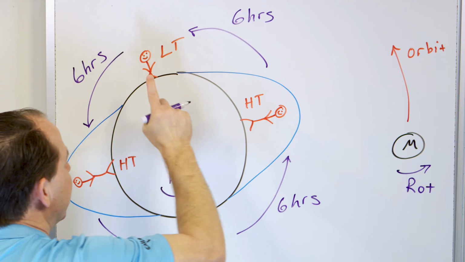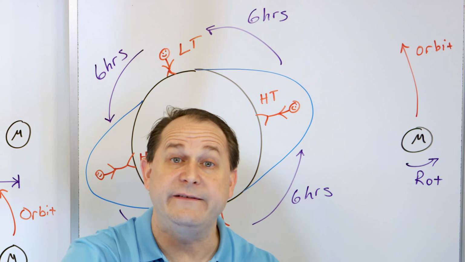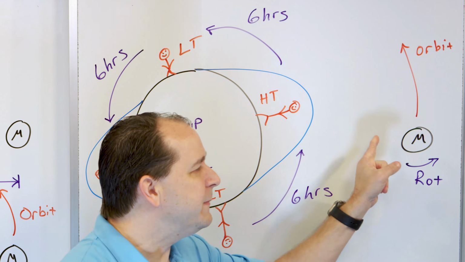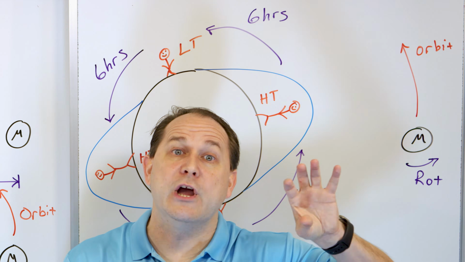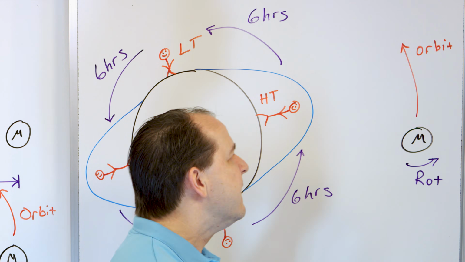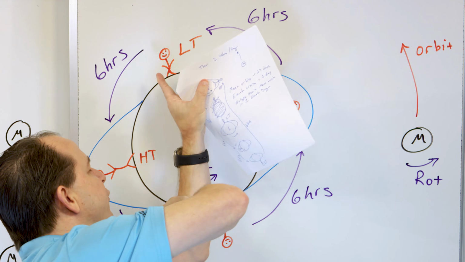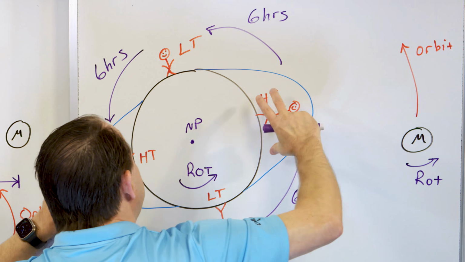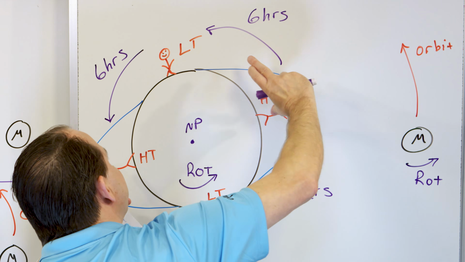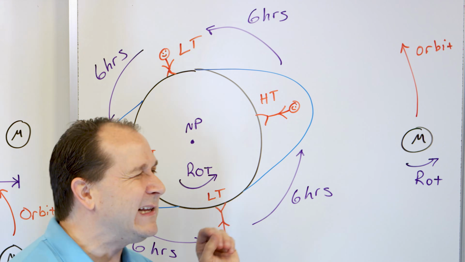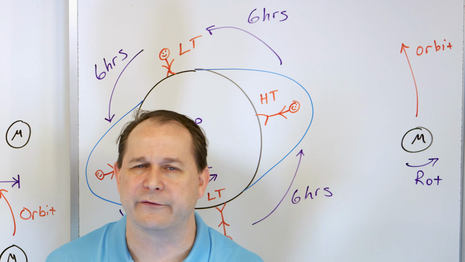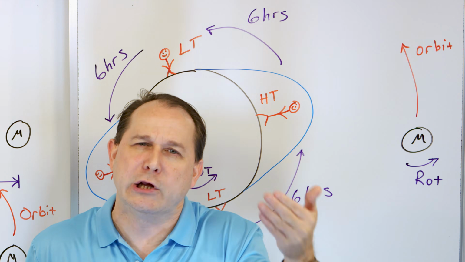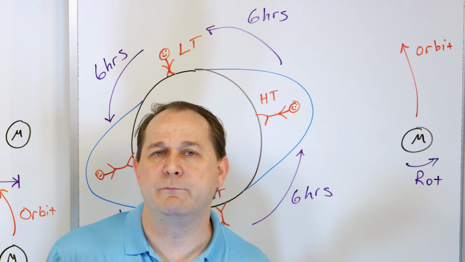Now I'm rounding here. It's not exactly 6 hours, and the reason is we're assuming the moon to be sort of stationary here, but we know the moon travels through its orbit. So as the Earth rotates one time, the moon has moved a little, and the positions of these bulges have moved a little bit. So it's really like 6 hours and 12 minutes or something between the tides. A little bit longer because the position of the bulges has moved.